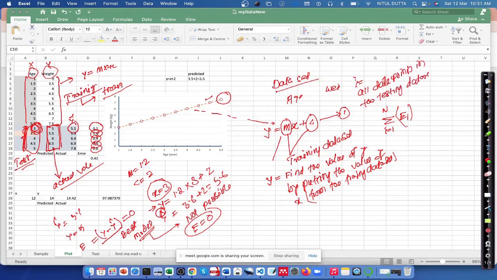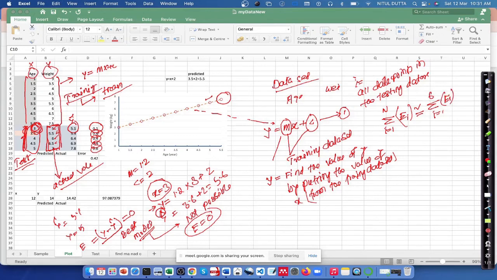So here in the testing data set we have 1, 2, 3, 4, 5 data points. So in this case it will be the sum of i equals 1 to 6 of e_i.